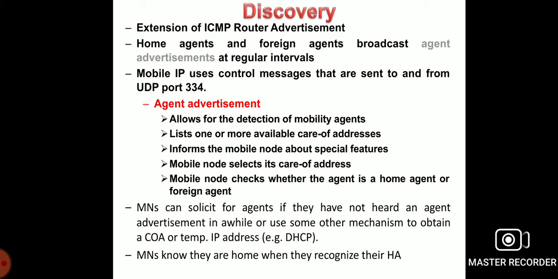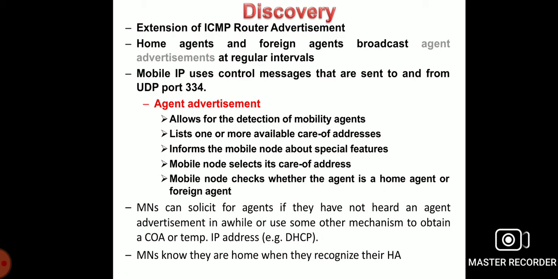Now the mobile node can solicit for an agent if it has not heard an agent advertisement in a while, or use some other mechanism to obtain the COA, the care-of address or temporary IP address, for example DHCP. The mobile node knows it is home when it recognizes its home agent.